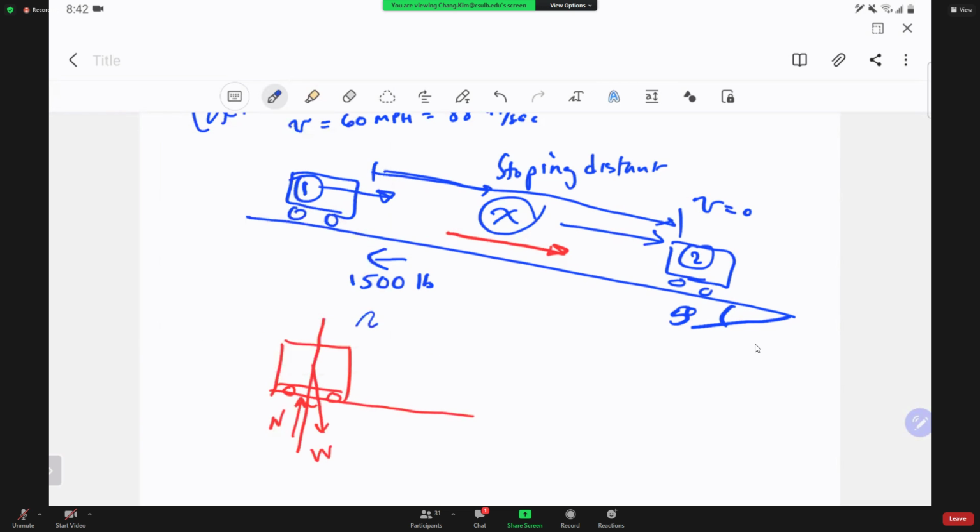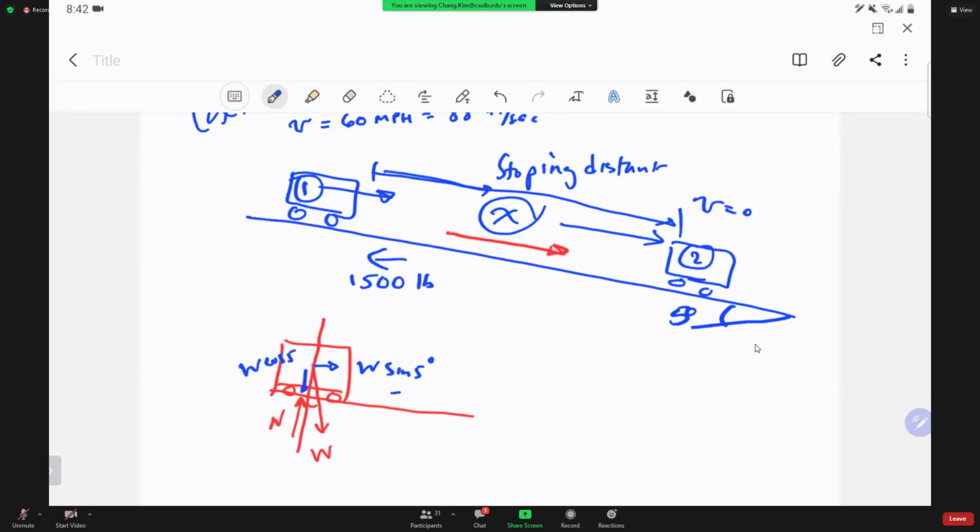And this is going to have a component W sine of 5 degrees. And this component is W cosine of 5 degrees.